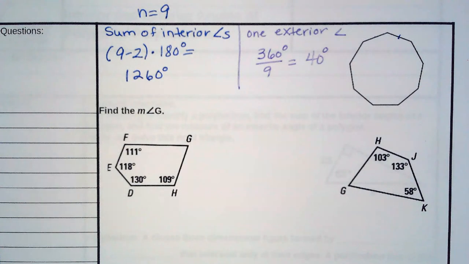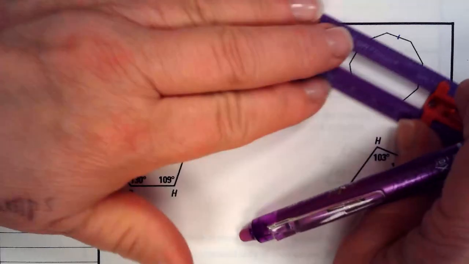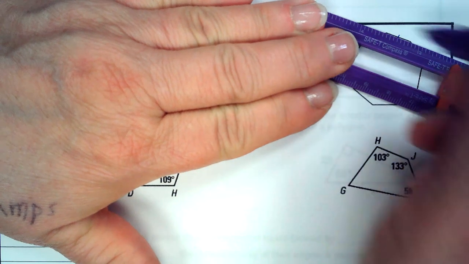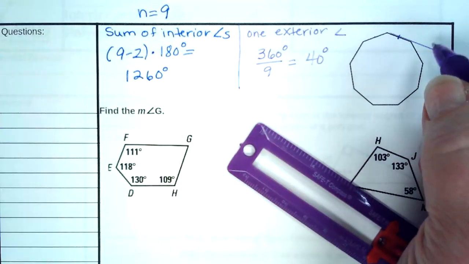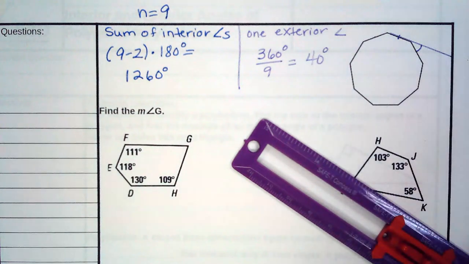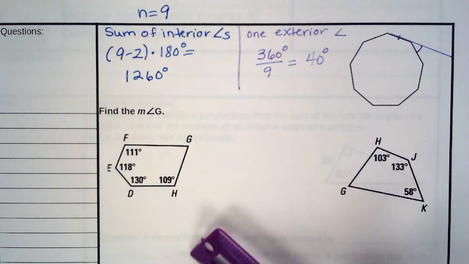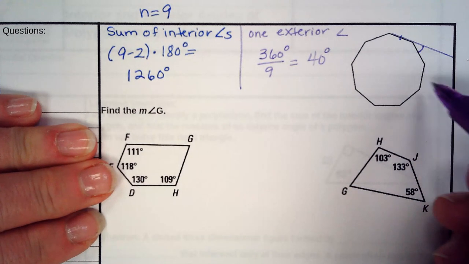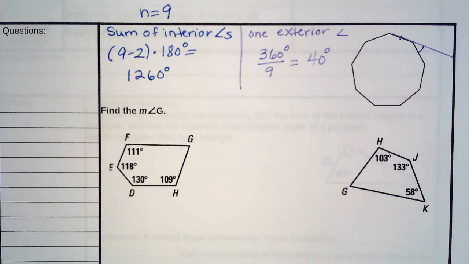So each of my exterior angles would be 40 degrees. If you're not sure what an exterior angle looks like, if I extend this, this would be my exterior angle. And if you notice, you can take all of these out and it makes kind of a cute little figure if you do it that way.